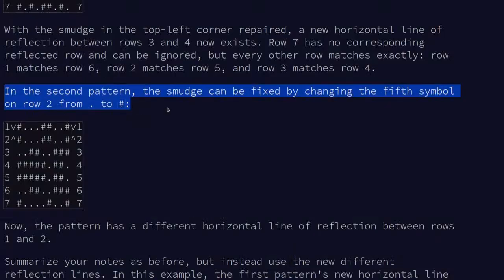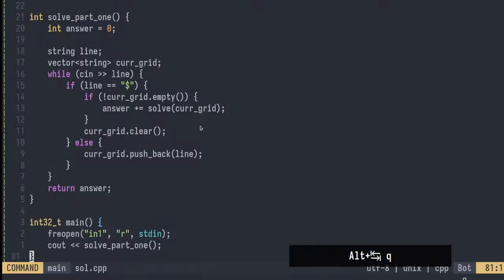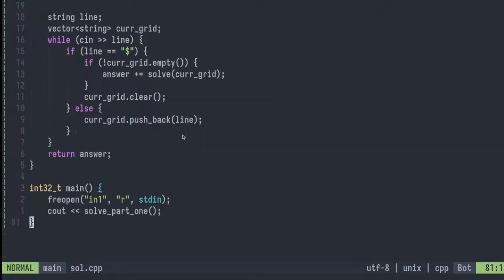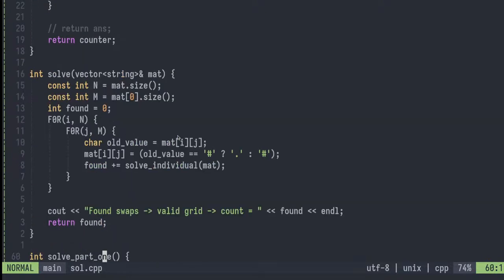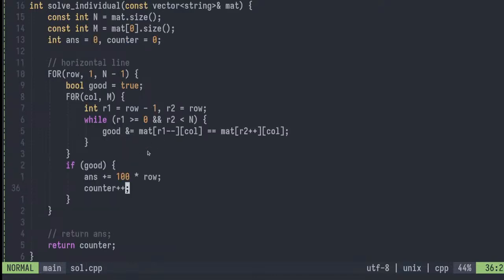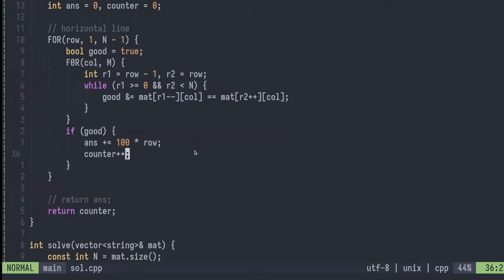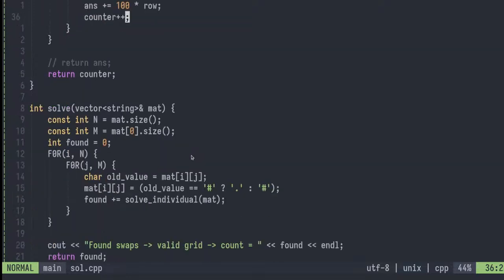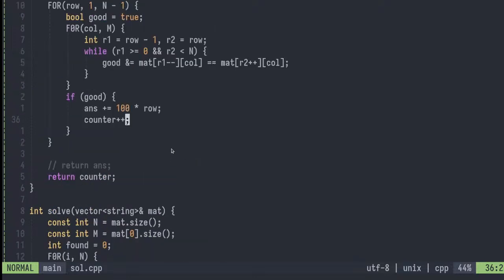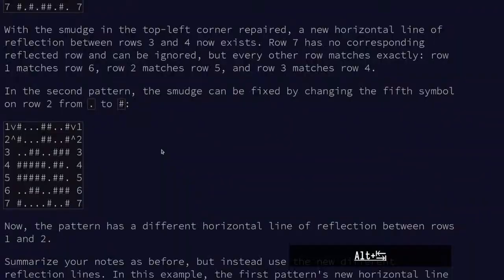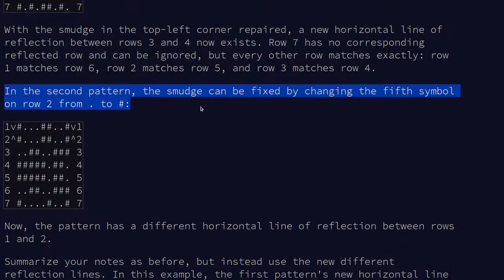The second pattern is... so what should be considered in this case?